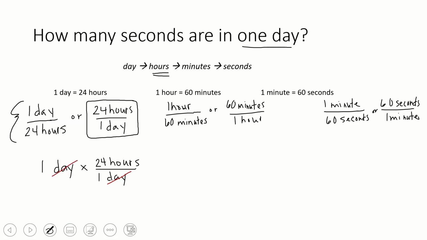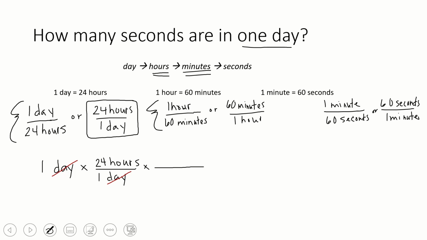So now I'm in units of hours, and I want to get to minutes. So I'm going to use a conversion factor that relates hours and minutes. So I know it's going to be one of the two in the middle of the screen. The one I choose is going to cancel out units of hours and have units of minutes left over.